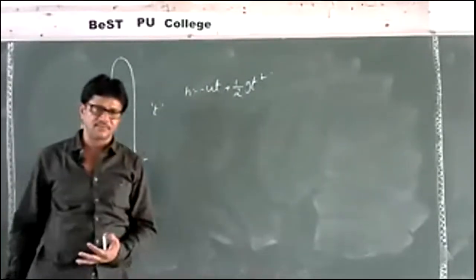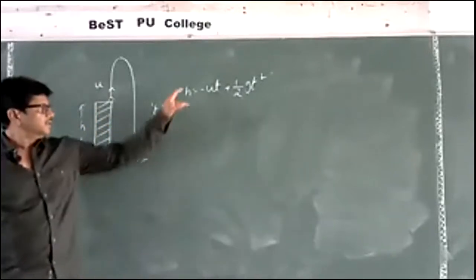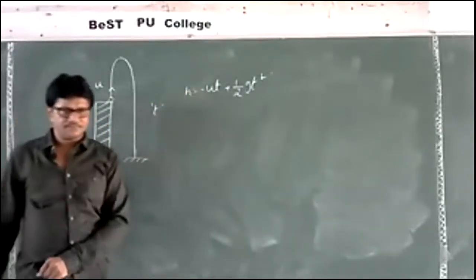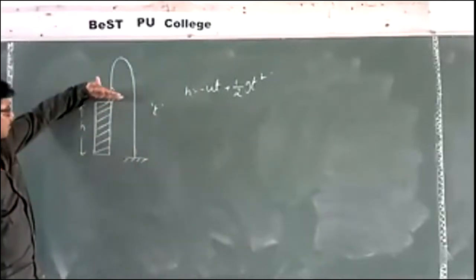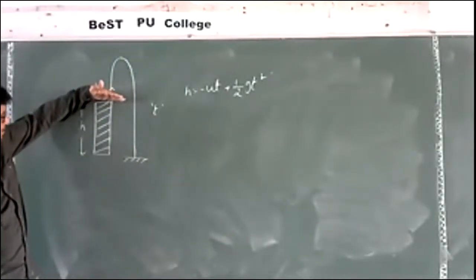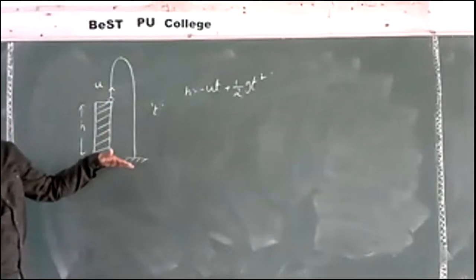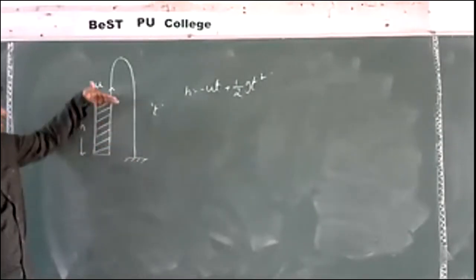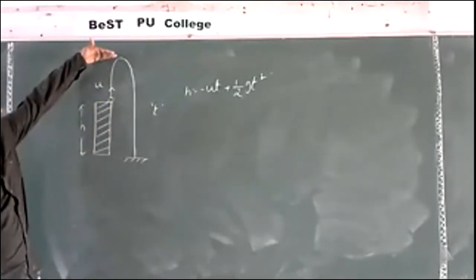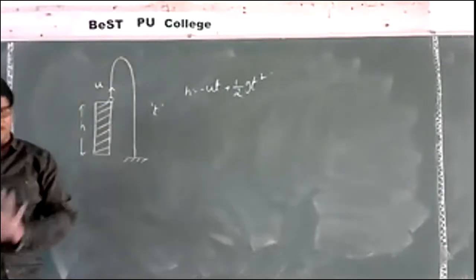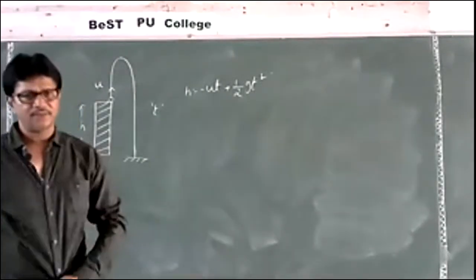Here we considered the direction below the point of projection as negative, and above the point of projection as positive. These are all we discussed in the previous class.